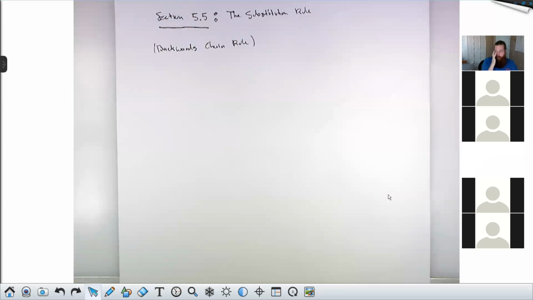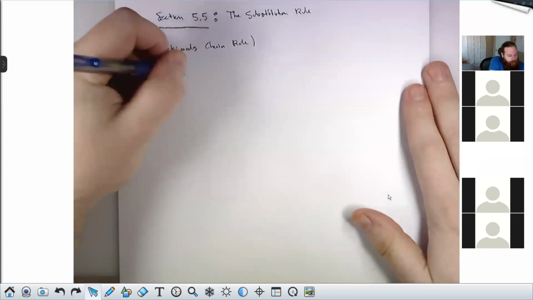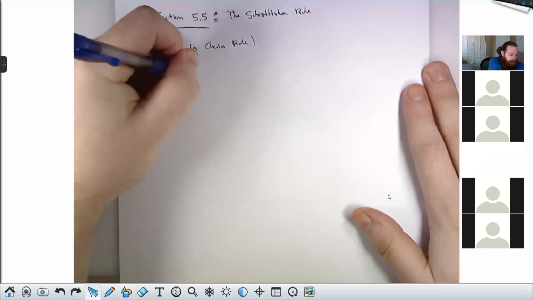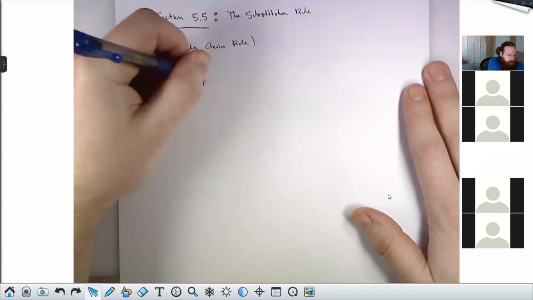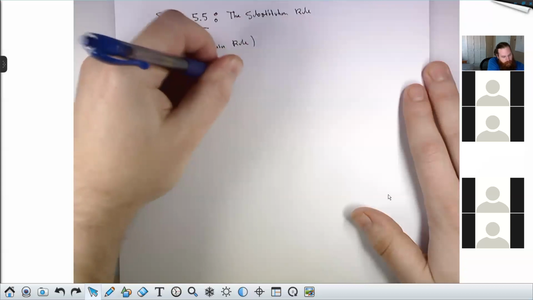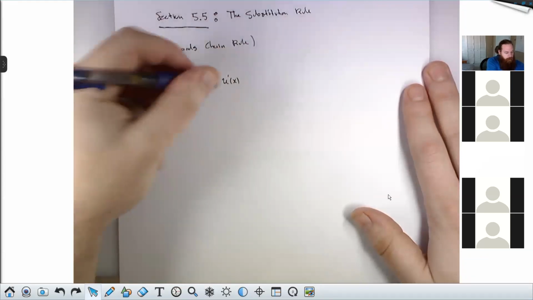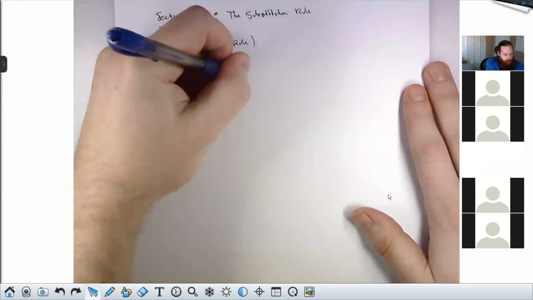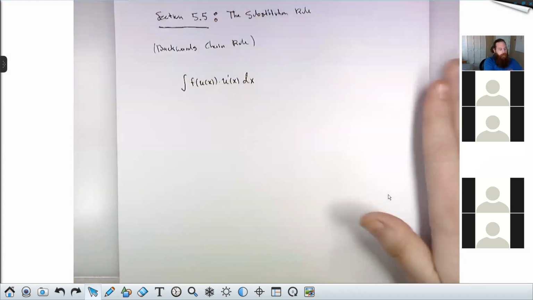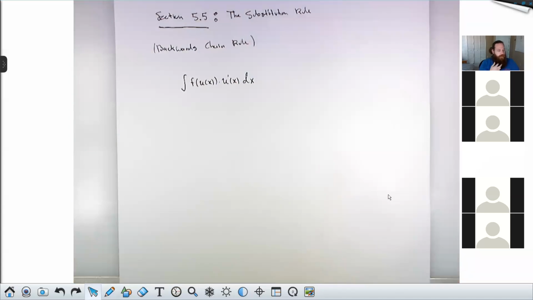The basic idea is this. If you're trying to find an antiderivative for a composite function, and you're able to recognize its derivative also floating around in the integral, then you can see this as looking like something that came from a chain rule differentiation, right?